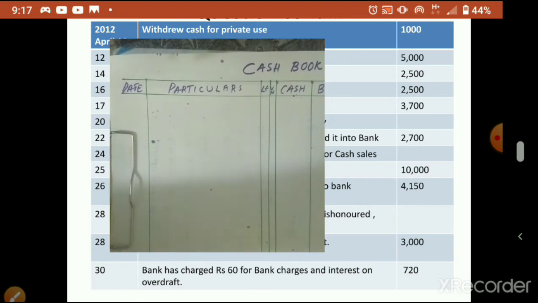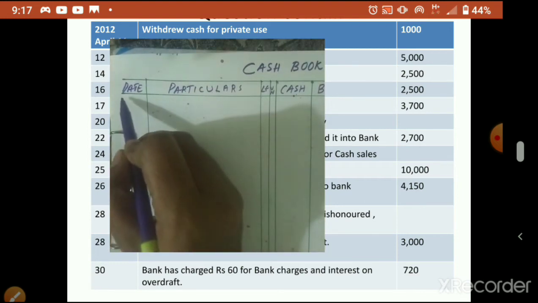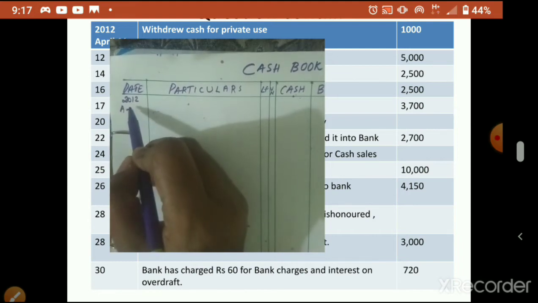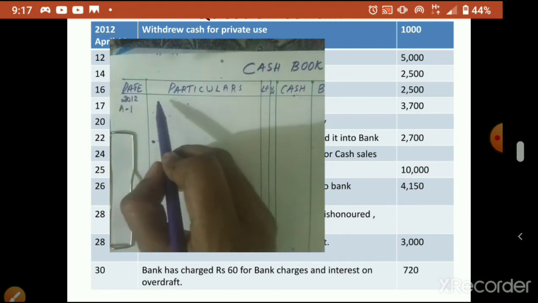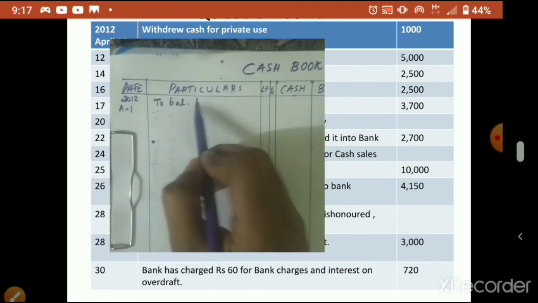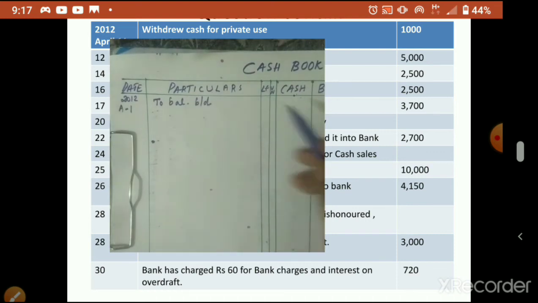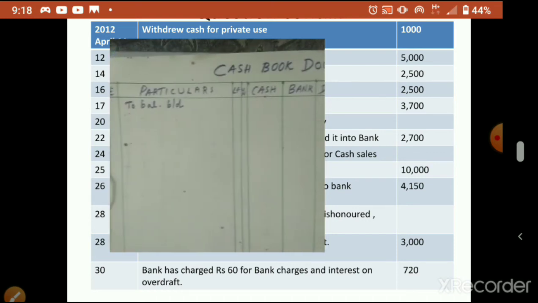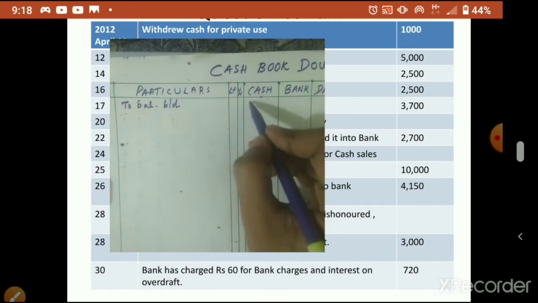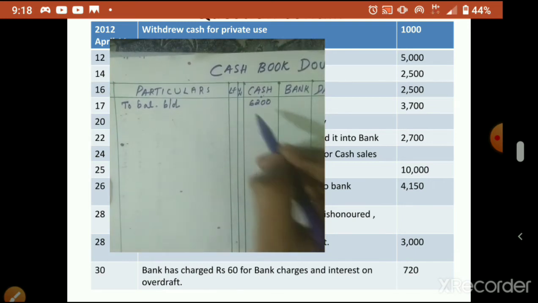So first, April 2012, April 1, cash in hand means opening balance. Don't write opening balance. What you have to write is to balance brought down. Cash in hand means in the cash column you have to put 6,200.